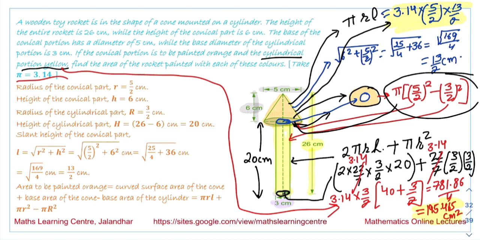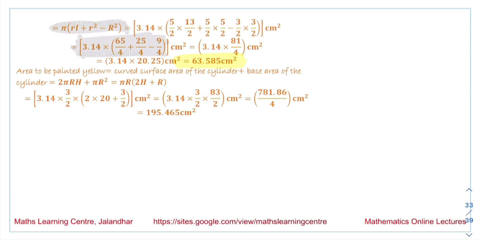So this is the area of the region which is to be painted with orange color, and 195.465 centimeter square is the area of the region which is to be painted with yellow color.